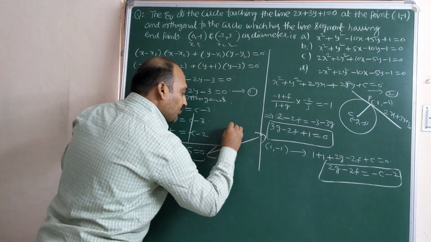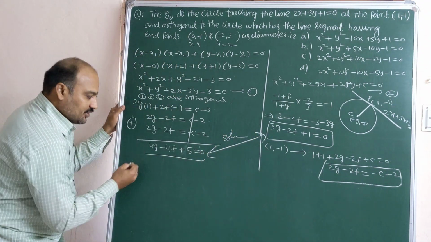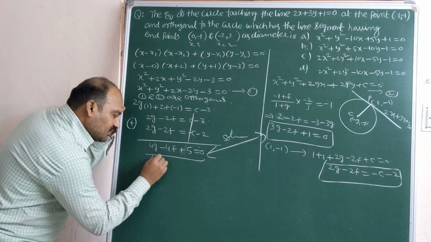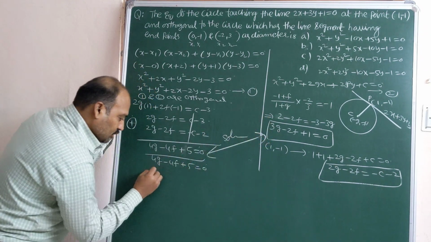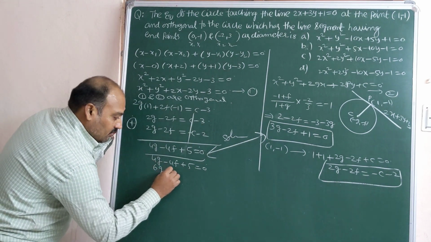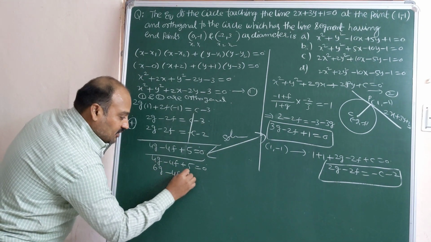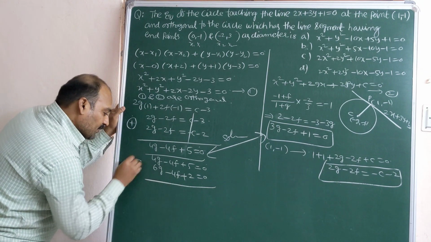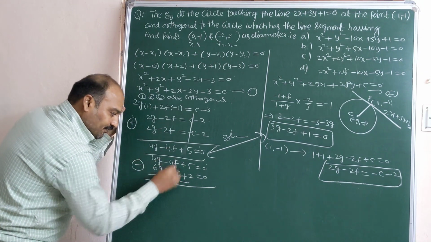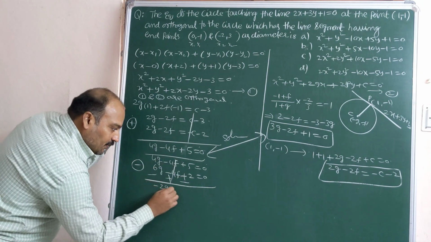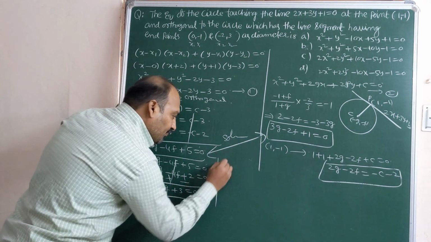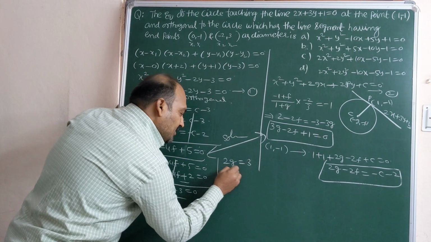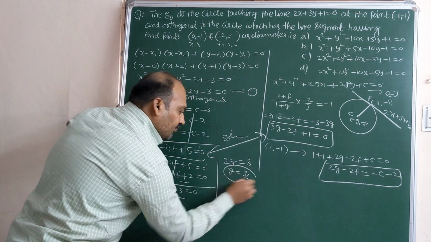Solving these two, you will get the circle equation. So 4g minus 4f plus 5, this equation multiplying by 2, 6g minus 4f plus 2 equal to 0. We are subtracting now, sign change. So minus 2g plus 3 equal to 0. So 2g equal to 3. g equal to 3 by 2.